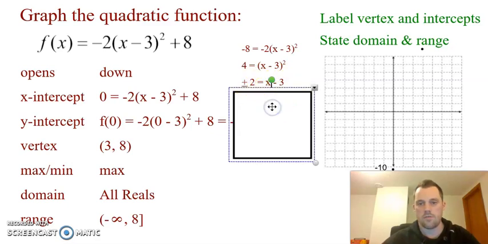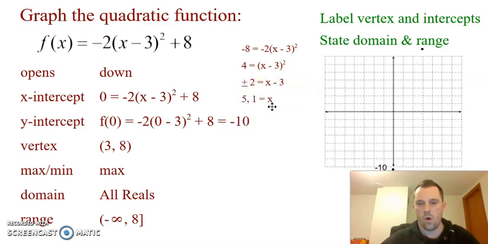So that's going to get me 5 and 1 as my x-intercepts, or my roots, my zeros, whatever you like to call them. So I have an x-intercept at 1 and at 5, and that makes sense because my vertex has an x value of 3, and that's halfway between 1 and 5.